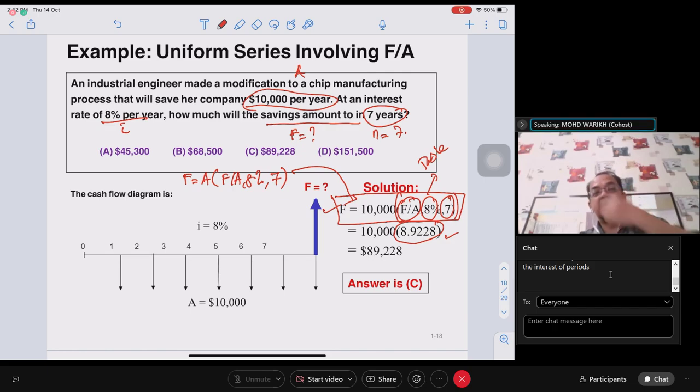It depends. For this one, because it just said save for a company 10,000 per year, that means they have to pay every year. That's why the arrow is down, an outflow. So we get this number. The answer is C.